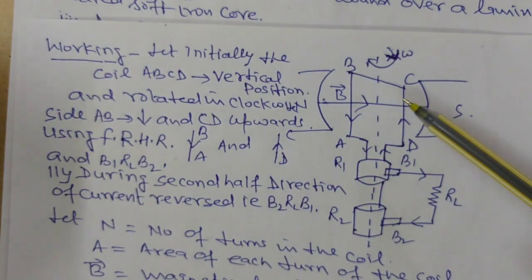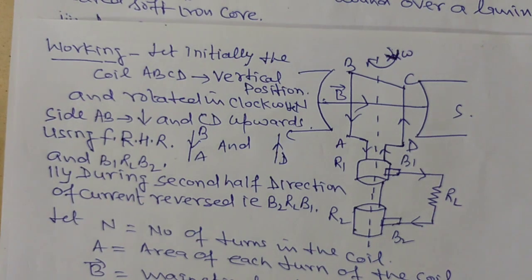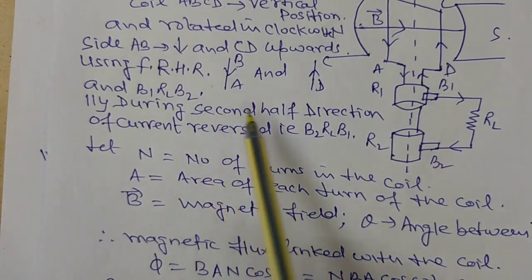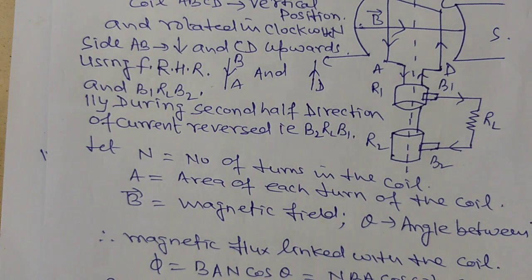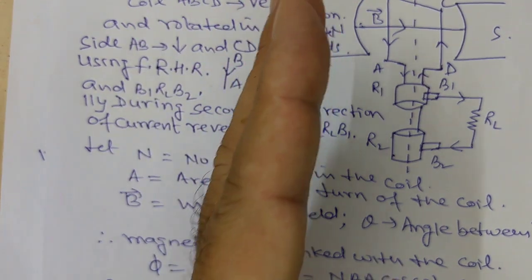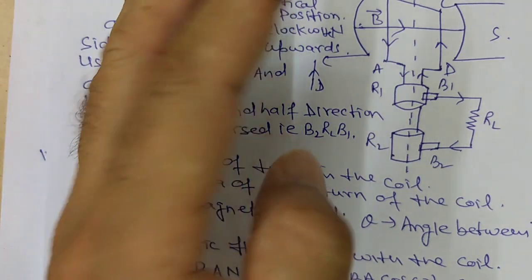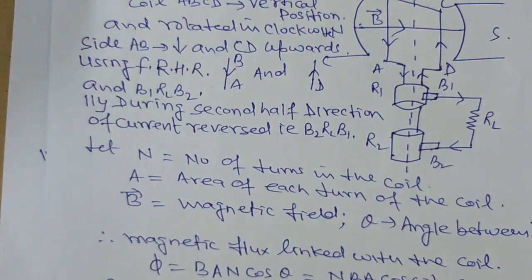Then by using Fleming's right hand rule, we can find out the direction of induced current, because here this induced current is produced. क्योंकि यहाँ पर जैसे हमारे आर्मेचर कॉइल रोटेट होते हैं तो इसका मैग्नेटिक फ्लक्स चेंज होता है. आर्मेचर कॉइल रोटेट होने पर मैग्नेटिक फ्लक्स चेंज होता है.